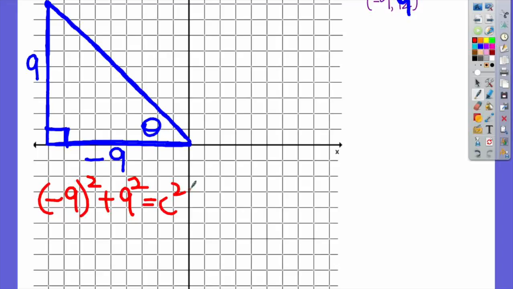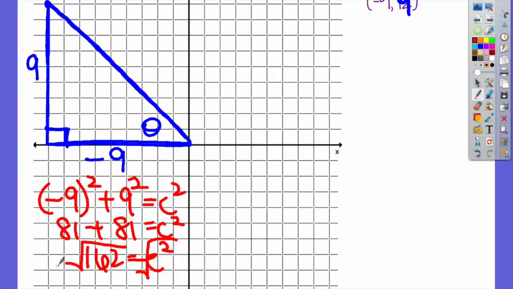Negative 9 squared is 81, plus 81. Then take the square root. The square root of 162 is not a perfect square, and we can't really give a decimal here because we're looking for the trig ratios, which means we need a simplified radical. This one is going to be 9 square root 2.